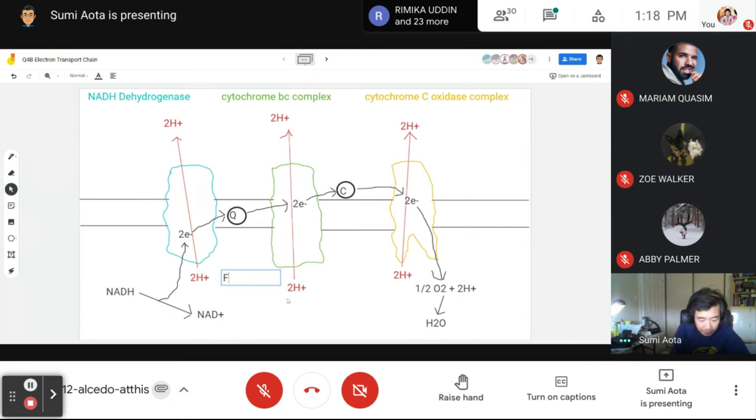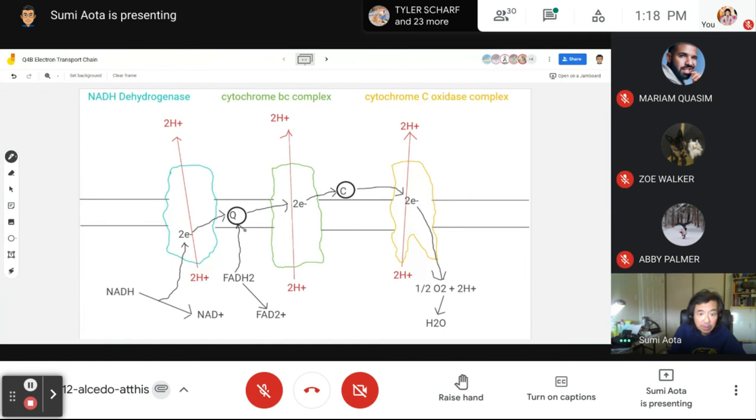So we have FADH2, that becomes down here FAD. So this goes to that. And the electrons from this thing end up in here.